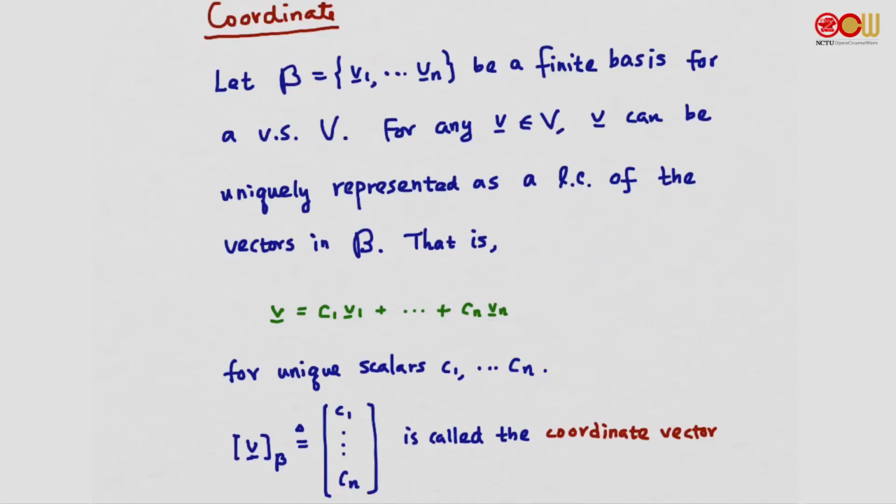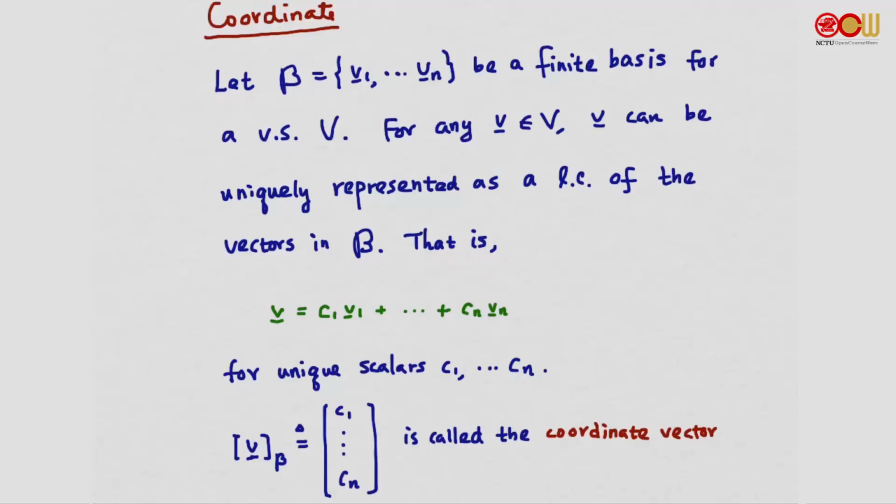The definition of a coordinate vector is just like what we had before in 4.4 when we talked about coordinates of a vector in a subspace of Rn. Suppose beta is a finite basis for a vector space V. Any vector v in V can be uniquely represented as a linear combination of the vectors in basis beta.